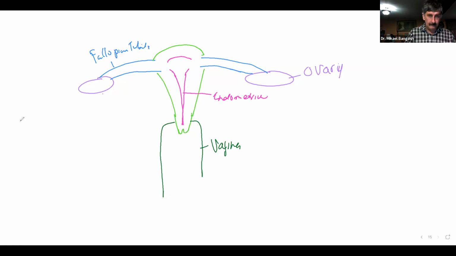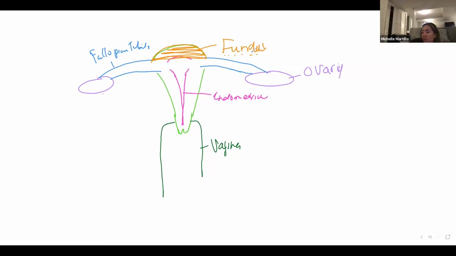Okay, guys. Now this part of the uterus here is going to be referred to as the fundus. Do you recall this name from another structure? The lung? Stomach.